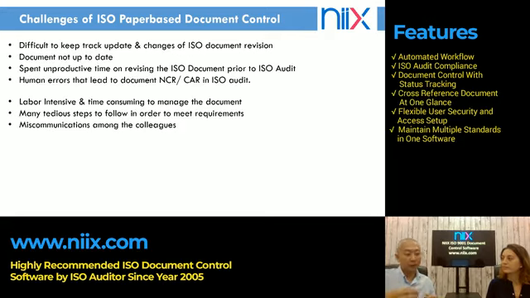After you approve it, you must update it in the document master list, and you need to make sure that you get the obsolete documents back from different departments, so that nobody refers to the old document. All these things are very time consuming, and that's why we say there are so many tedious steps that we need to go through, even for one single small change that we make in the ISO procedure.